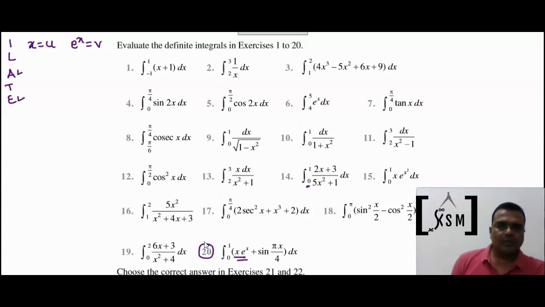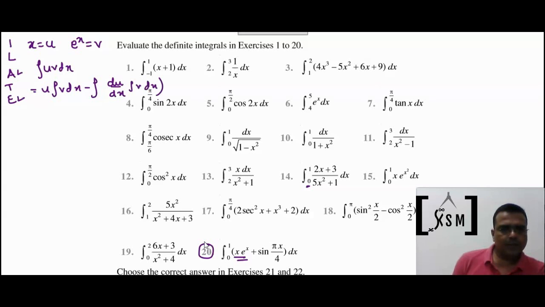Integration of u v dx equals u times integration of v dx minus integration of du over dx times integration of v dx, and whole dx. So it is x times e to the power x minus du over dx, and u is x, so the derivative of x is 1, times integration of v dx, and v is e to the power x, so it is e to the power x dx. So it is x e to the power x minus e to the power x.